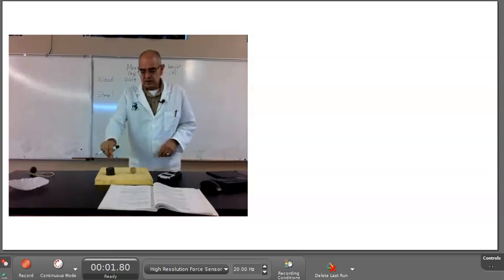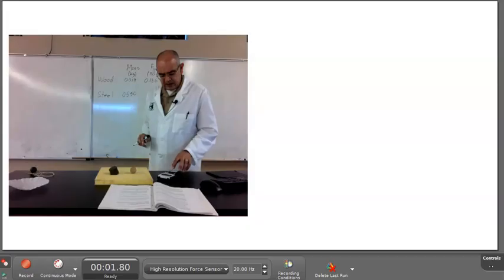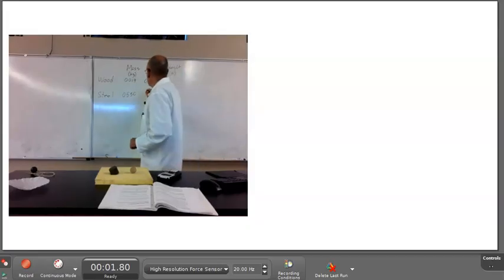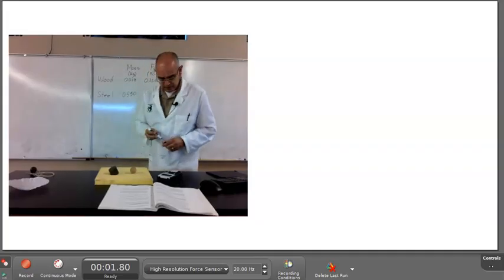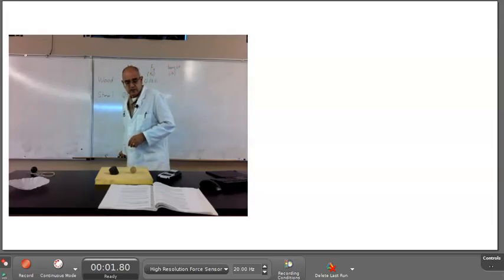For the steel, we take 0.55, multiply that by 9.8, and that gives us a weight of 5.39 newtons.